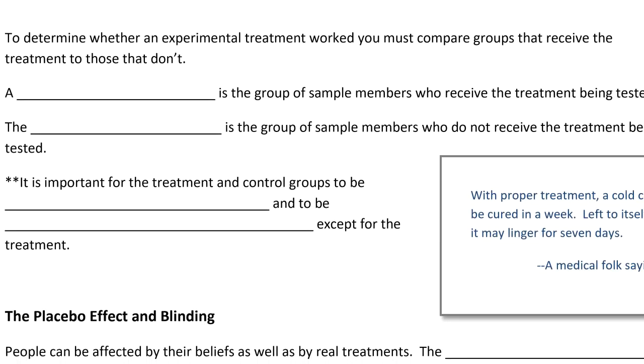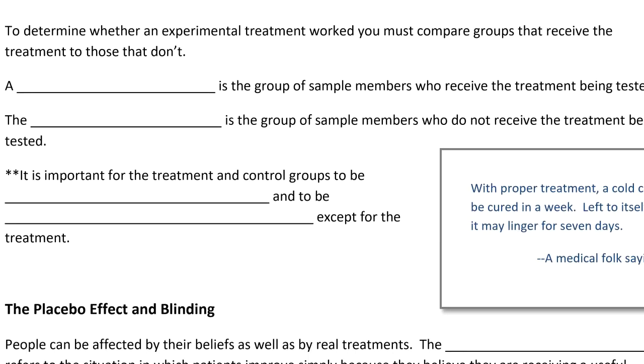Right? To determine whether an experimental treatment worked, you must compare groups that receive the treatment to those who don't. A treatment group is the group of sample members who receive the treatment being tested.